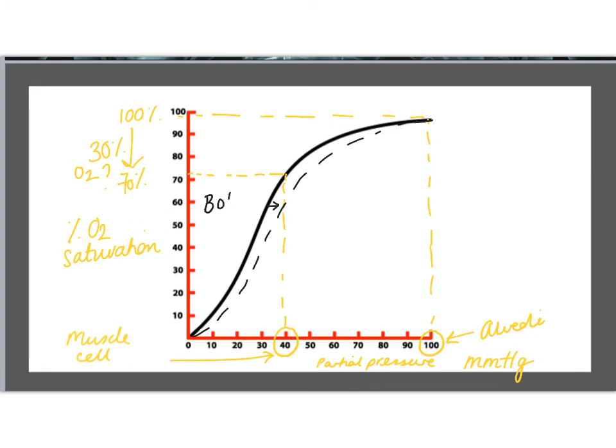They tested people when they were exercising to see what the saturations of oxygen were in their blood at the same partial pressures, at 40 and at 100, and they got different readings. Now when we read from 40, which is at the working muscles, we're looking at around 60% saturation. At 100 at the alveoli, that was still nearly 100, so that hasn't really changed.